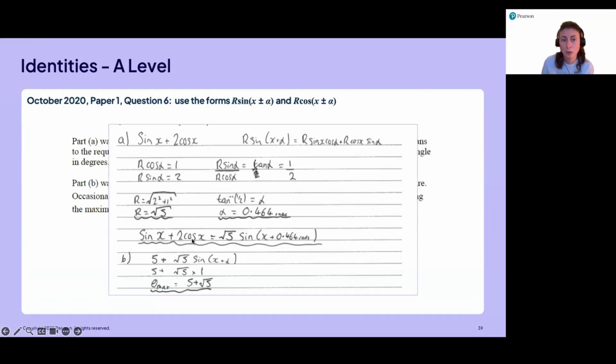Here in student responses, we've got a common mistake with dividing the sine and cos the wrong way around, or actually they've divided sine and cos the right way around, but they've divided the right hand side the wrong way around. So really watching out for that.